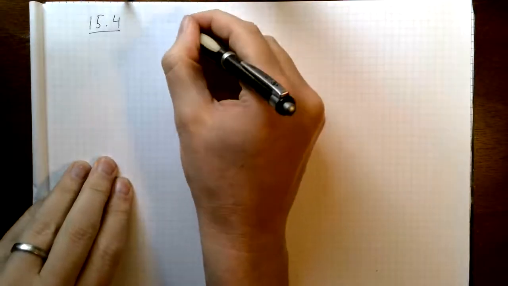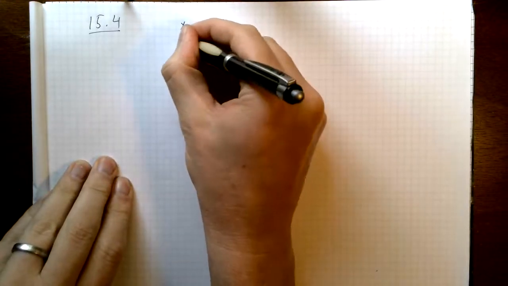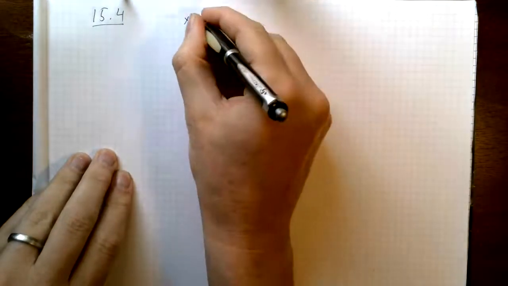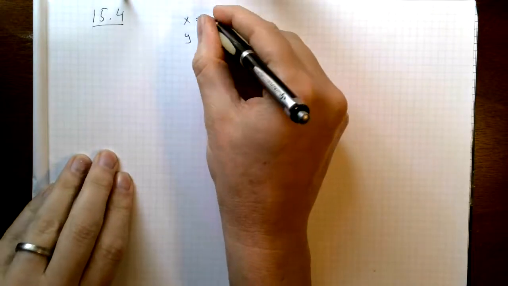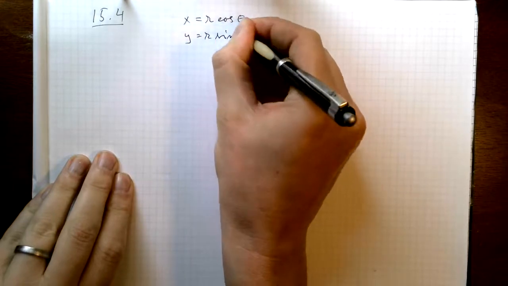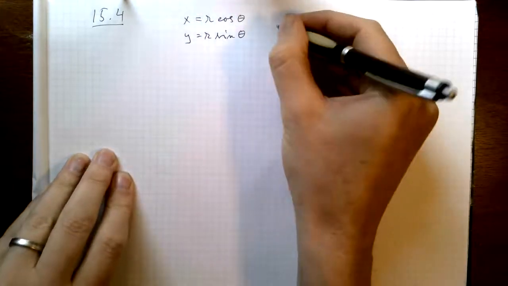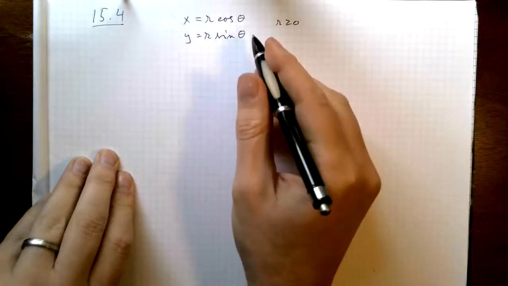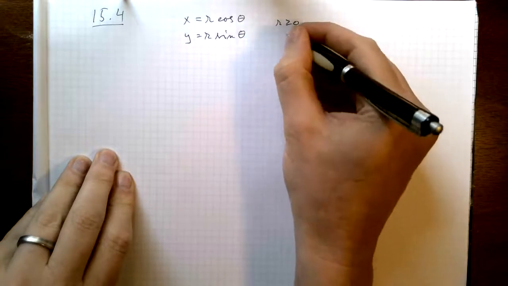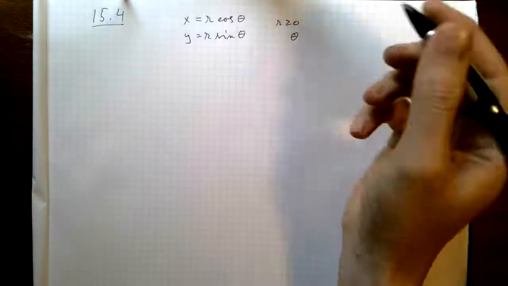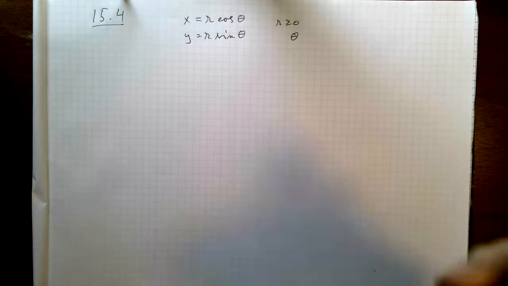We had x and y in regular Cartesian coordinates, and these are r cosine theta and r sine theta. So we have r, which is now a non-negative quantity, and theta, where we really want to restrict theta to some interval of length 2 pi.